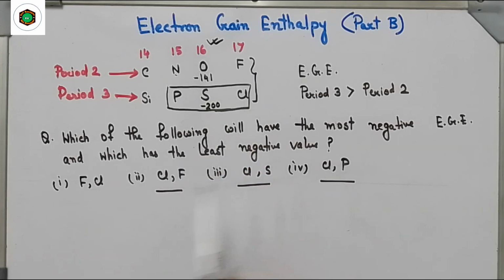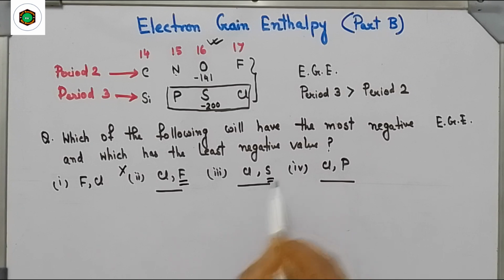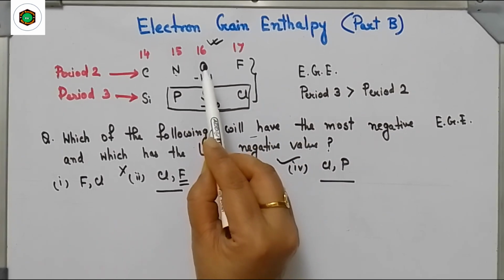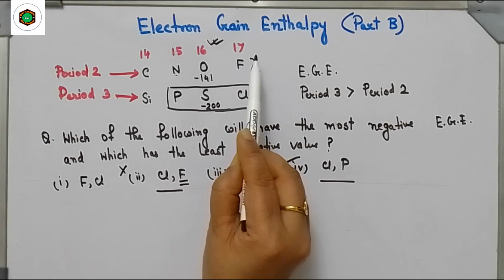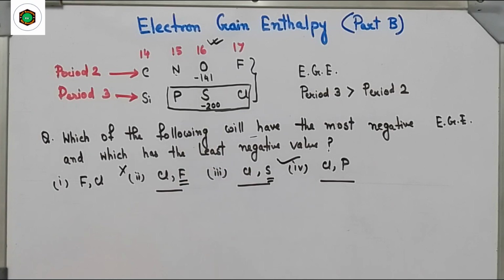So whatever is given, for less negative electron gain enthalpy, option 2 is not your answer, fluorine is not your answer, sulfur is not your answer, so it will be 4. Phosphorus has a less negative value. Always remember, group 16 has a less negative value than group 17. Group 15 has a less negative value than group 16.